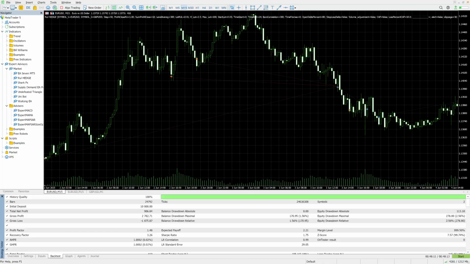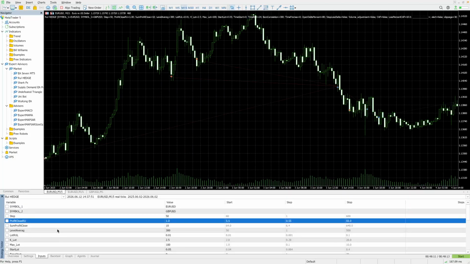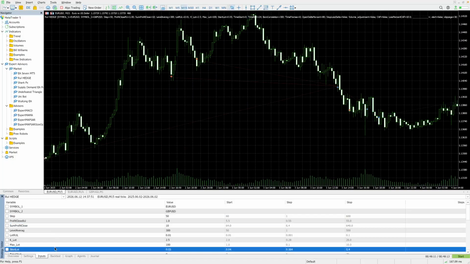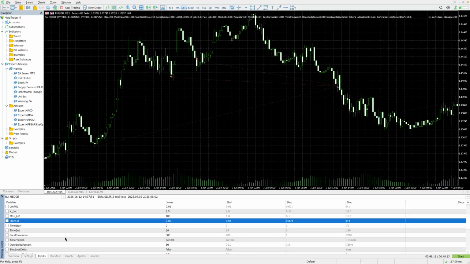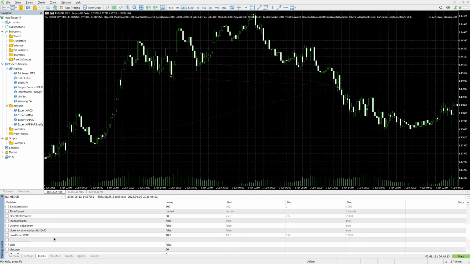Now, the developer's tests show similar controlled behavior with good recovery, and in my backtest, it delivered positive results with minimal pain, much smoother than pure grid systems. And the inputs that mattered the most were the start lot at 0.05, the level average of 300, the step 50, and the K lot at 2.5 for scaling.